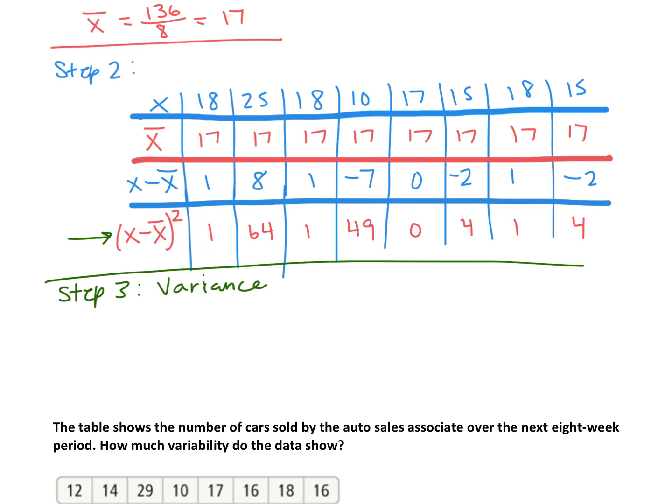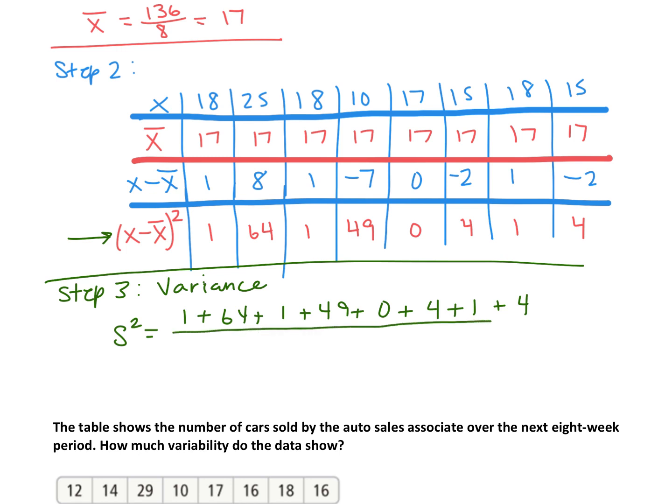Oftentimes the variance is denoted with an s squared. Well, we're going to add all those numbers up. 1 plus 64 plus 1 plus 49 plus 0 plus 4 plus 1 plus 4. Okay, we're going to divide by n minus 1. So remember, we had an n minus 1 up above, and our n is equal to 8 because we have 8 values in our data set.